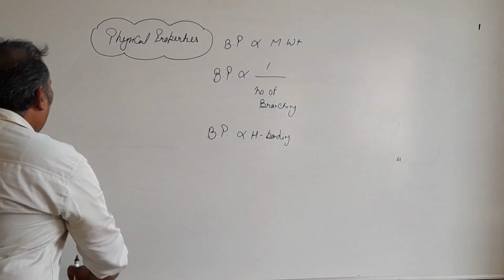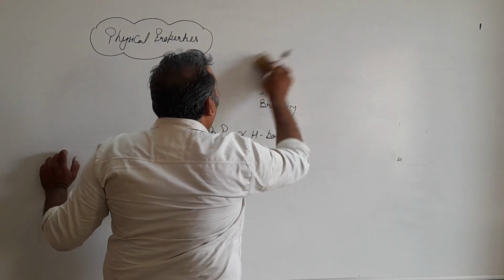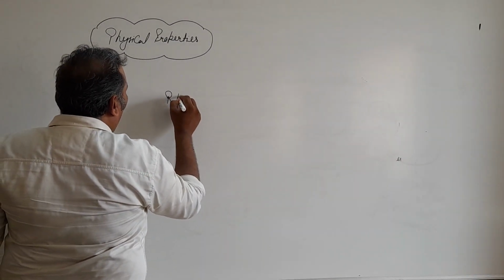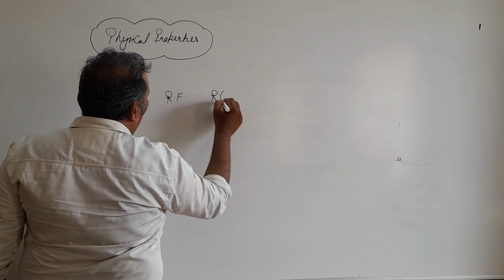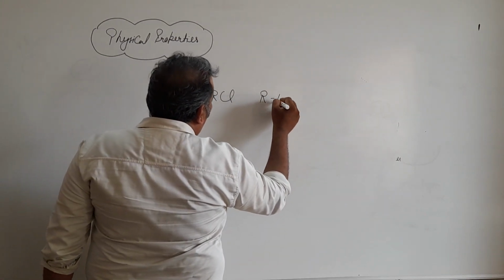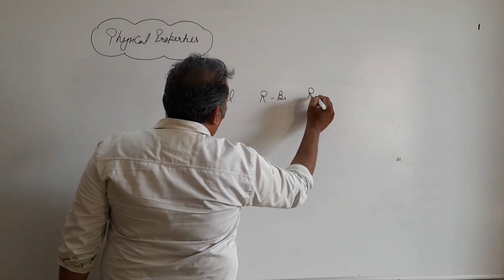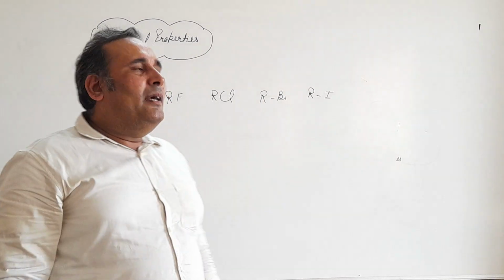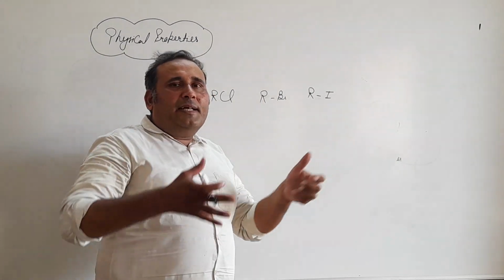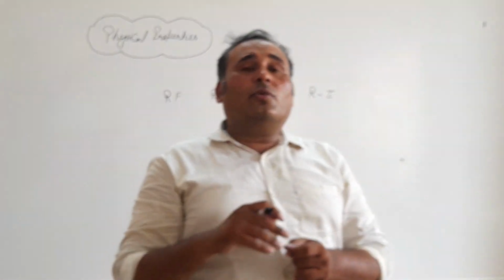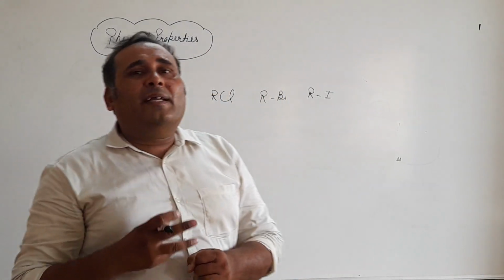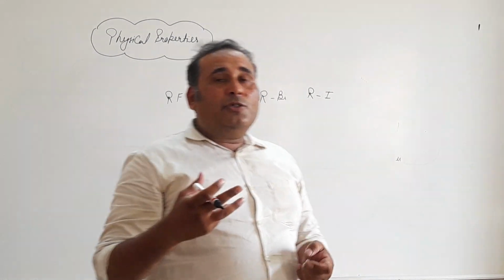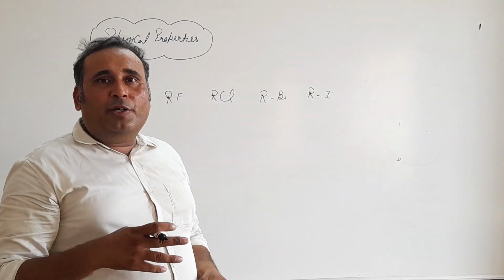So if we are comparing alkyl halides with the same number of carbon, like RF, RCl, RBr and RI, if R is the same, then because I has a very large size, the dipole-dipole interaction, or overall force of attraction, will also be higher, because boiling point is directly proportional to molecular weight.